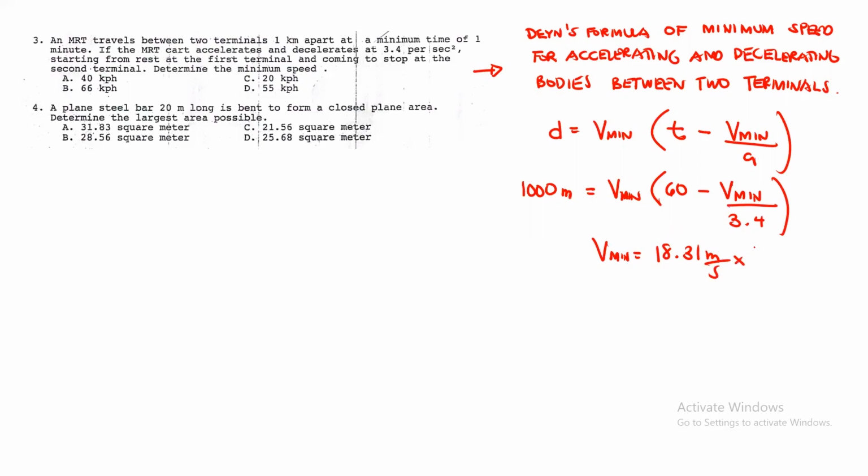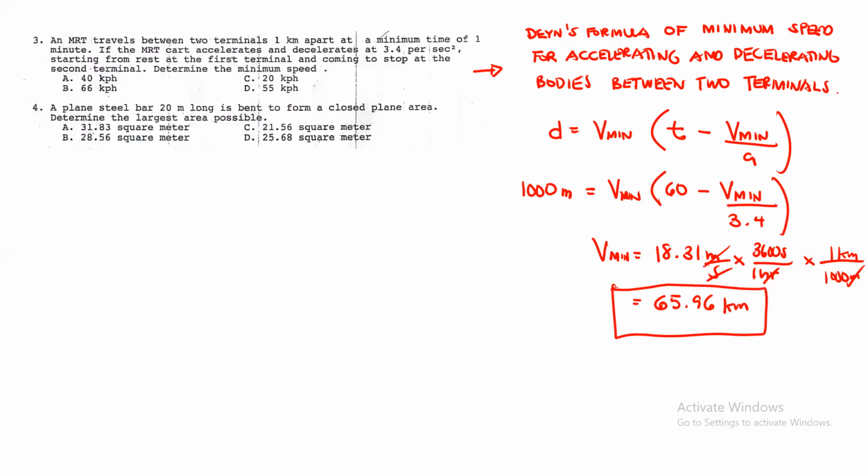Times 3,600 seconds per hour, times 1 kilometer per 1,000 meters, makuha natin dito is 65.96 kph. So the answer is letter B, 66.